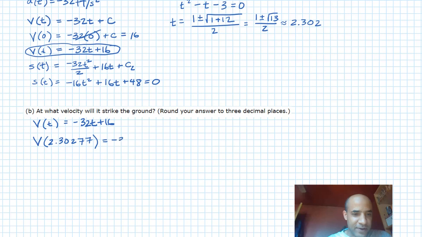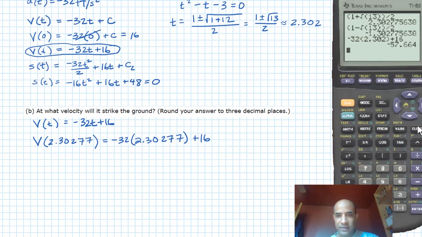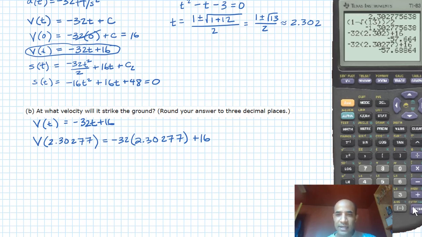I get -32 times that value of t, 2.30277, and then plus 16. Okay, so figuring that out on my calculator, let's see what we've got. I've got -32 times 2.30277 plus 16. Great.